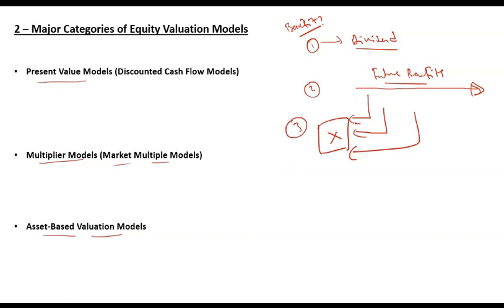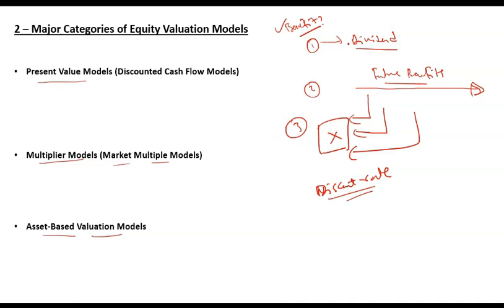And in order for me to calculate the present value, I will need another estimate, which is the discount rate. So that means in order to perform any valuation using a present value model, you first identify what the benefit is, then you forecast future benefit, and then you calculate the present value of the benefit using a suitable discount rate, and that gives you the value.